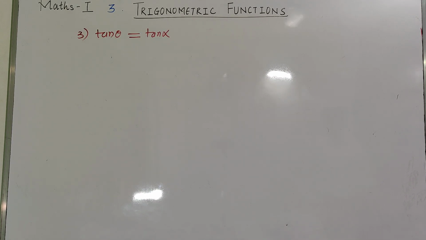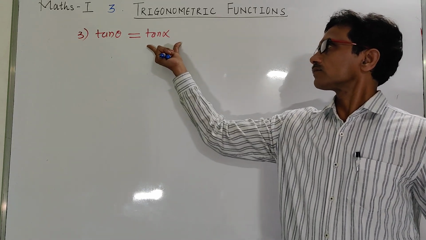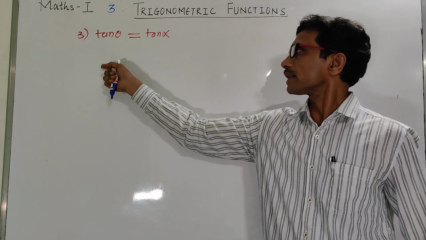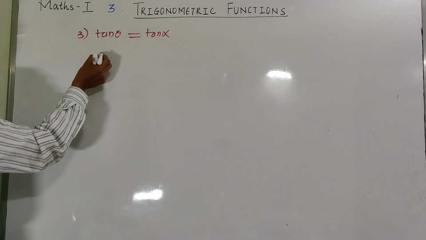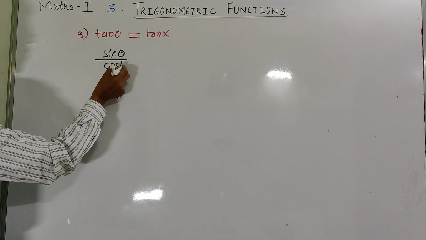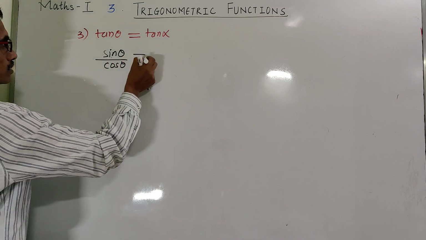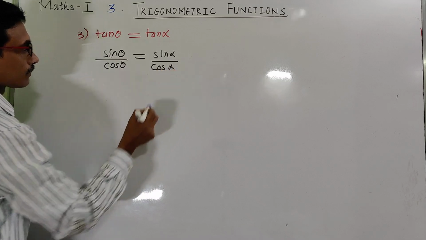Now we will see the third one, tan theta is equal to tan alpha. See, tan theta is equal to tan alpha. Tan we write as sin upon cos, so here also let's write sin theta upon cos theta is equal to sin alpha upon cos alpha.